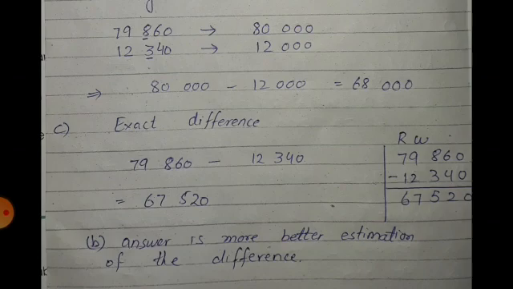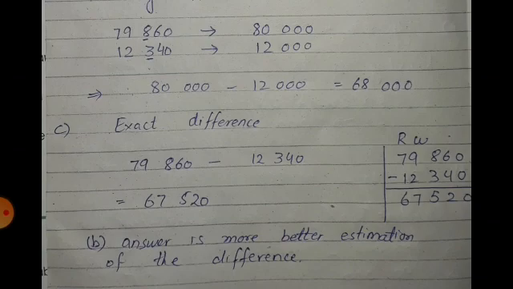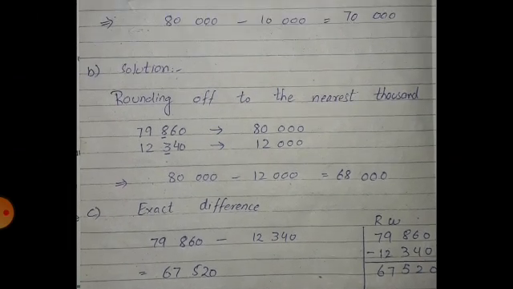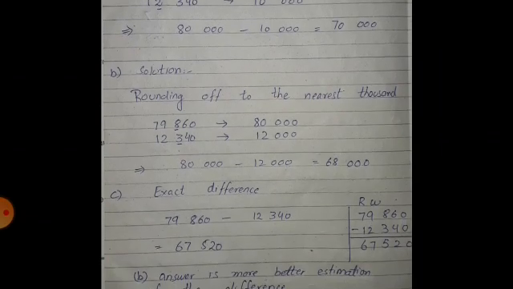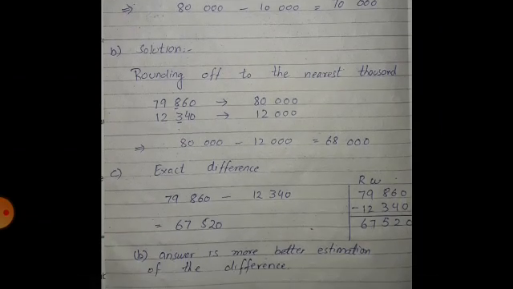Now we will compare this answer with the answers of A and B. The first one is 70 and the second one is 68. Which is nearest to the 67? Yes, the answer of part B is a better estimation of the difference.